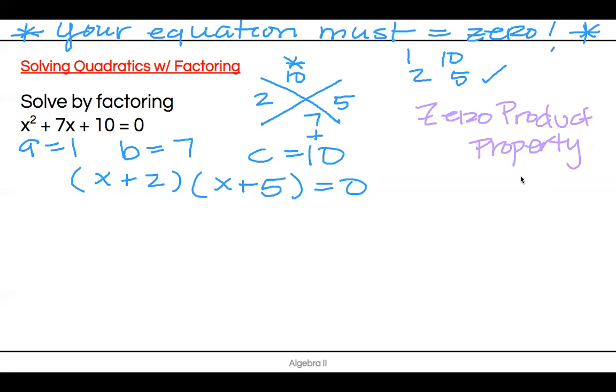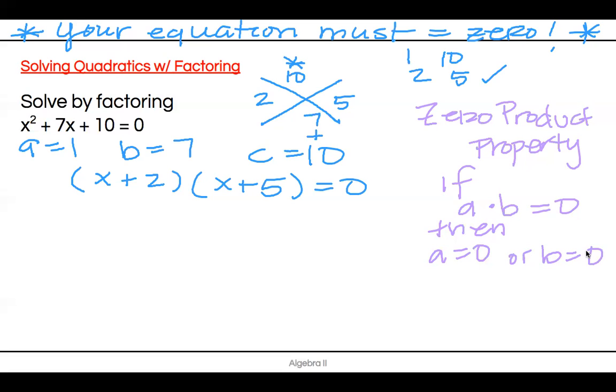So the zero product property says that if A times B is equal to 0, then A has to equal 0 or B has to equal 0. What does that mean?